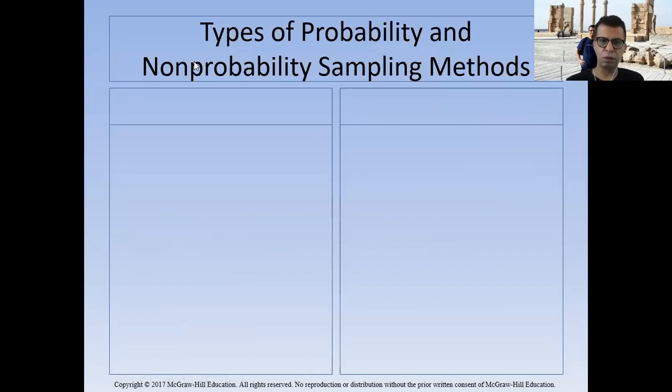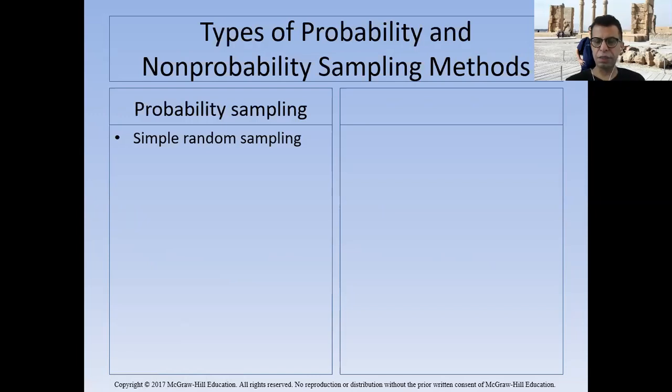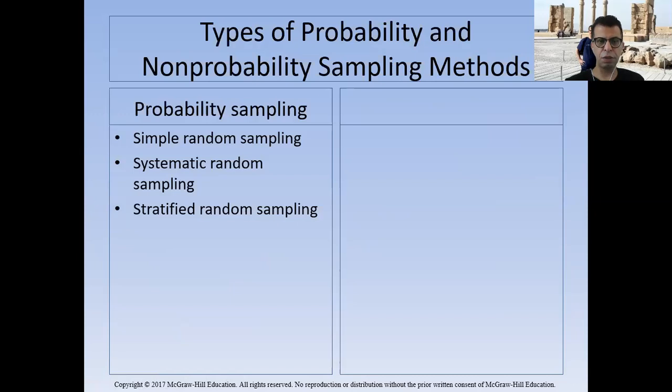Now, just to compare them, the types of probability sampling methods are: simple random sampling, where anybody has the same chance of being selected; systematic random sampling, where you say every 10th person I'm going to select, or every 5th person; and stratified random sampling, where you group them, just like the video said.